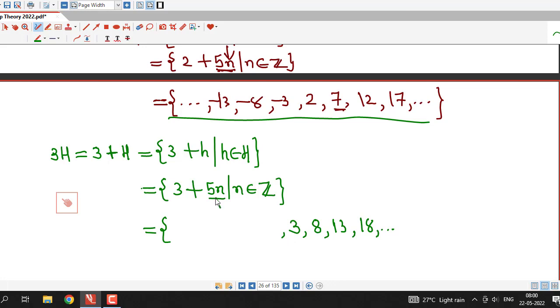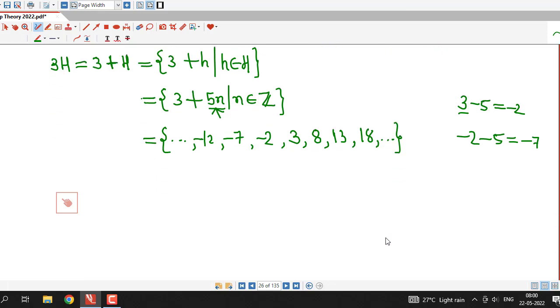For n equal to minus 1 I will have minus 5 plus 3, that is minus 2, and minus 2 can be obtained by subtracting 5 from 3. 3 minus 5, that is minus 2. And the next element in the negative direction is minus 2 minus 5, that is minus 7. Minus 7 minus 5, that is minus 12, and so on. So this is the left coset corresponding to element 3.